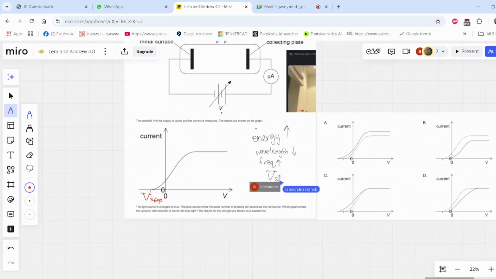And to decrease all this kinetic energy to zero, we need a more powerful electric field, so we need more voltage. So now you already understand what will happen with this stopping voltage. It will go to the right or to the left? To the left, absolutely right.